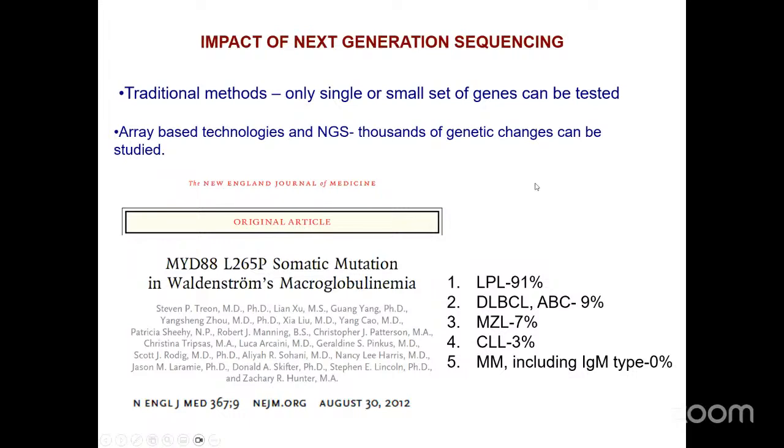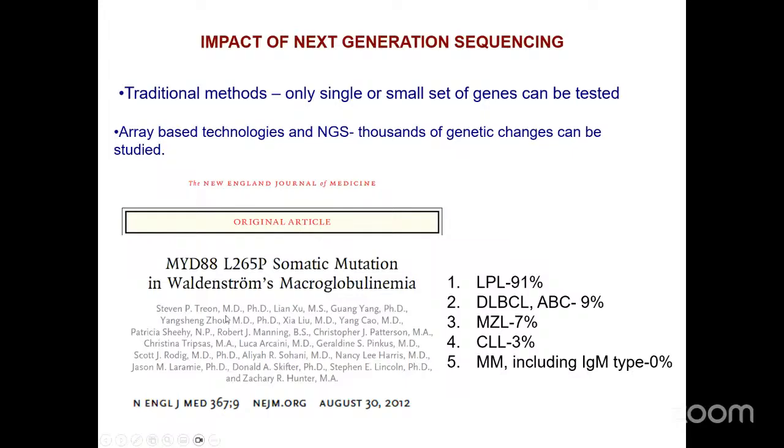The other way of looking at clonality and to find specific molecular signature is to do next generation sequencing testing. For a very long time, diagnosing lymphomas that were CD5 and CD10 negative was extremely difficult, and to further classify them.